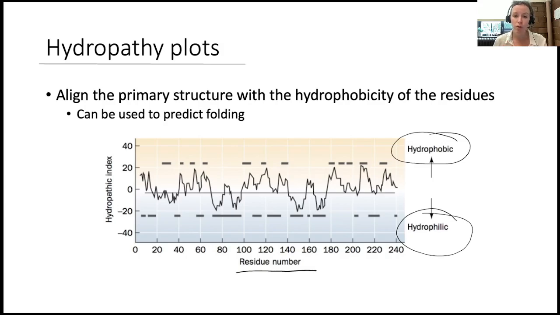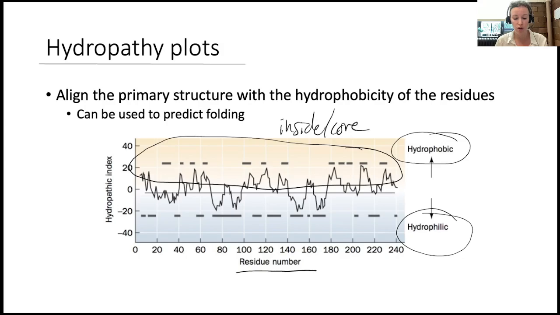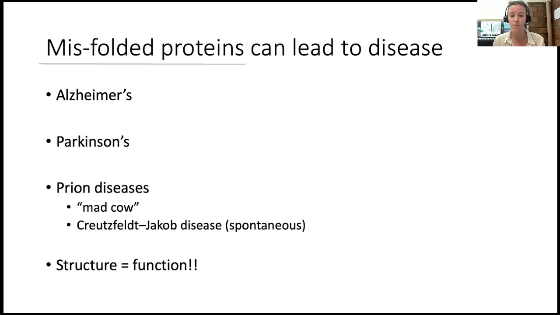So since we know the hydrophobic effect controls protein folding, we would expect most of these residues to be on the inside or the core of the protein, and we would expect many of these residues then to be on the outside and interacting with water.